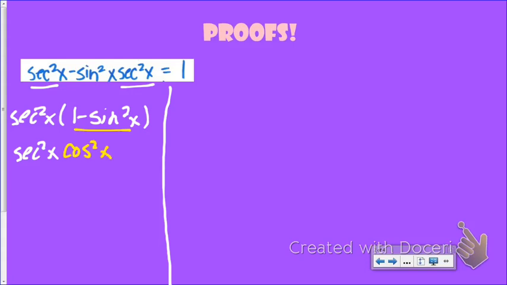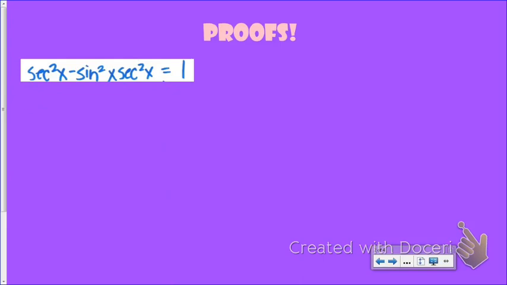And at this point, it's a little bit simpler. I know secant squared is 1 over cosine squared. And I also know that secant times cosine is 1 as well. But either way, I know that I'm going to end up at 1. So very similar to what we've been doing, just pick one side and work with it.